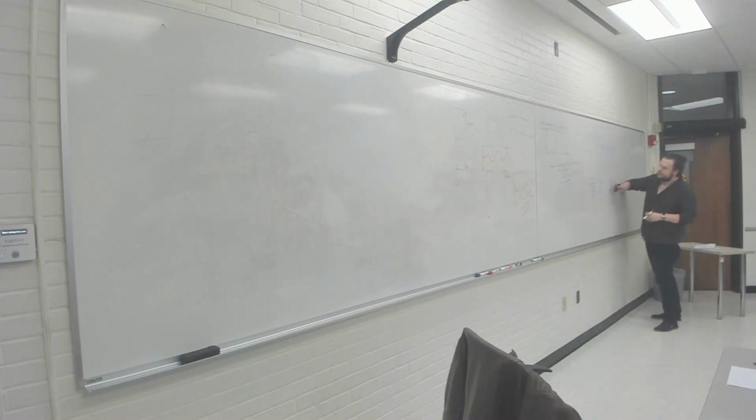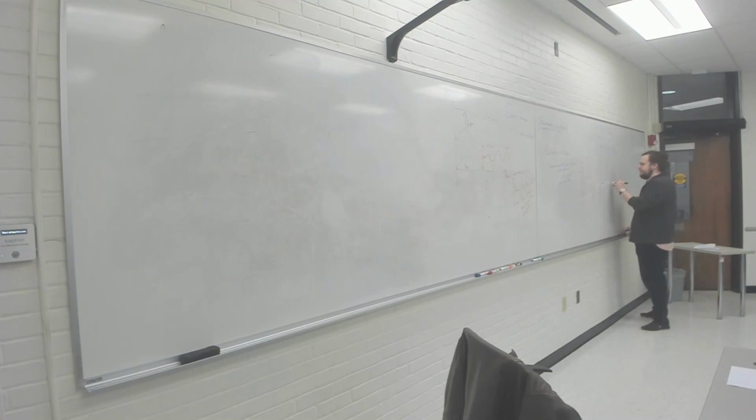Right? But then when we go to the, say, the n equals 3 to the n equals 1 state, which is going to be at 9 minus 1, that's 8 h squared over 8 m l squared.